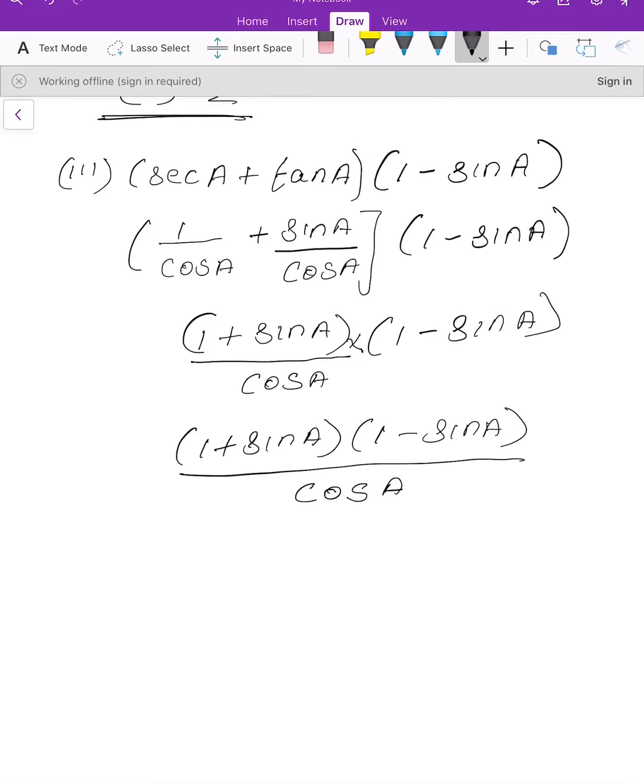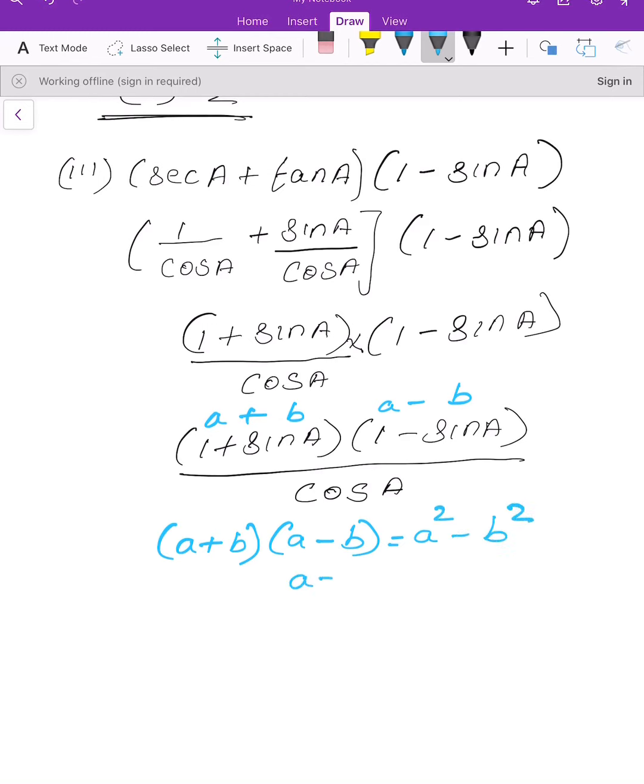No issues. Now this is the same as A plus B into A minus B. The algebraic identity for A plus B into A minus B is A square minus B square.